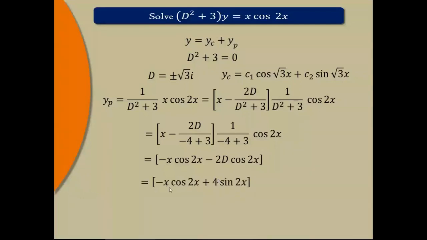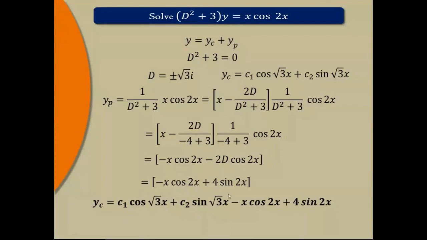So minus x cos 2x plus 4 sin 2x. And add this yc and yp, that gives us the solution. So y is equal to c1 cos root 3x plus c2 sin root 3x minus x cos 2x plus 4 sin 2x.